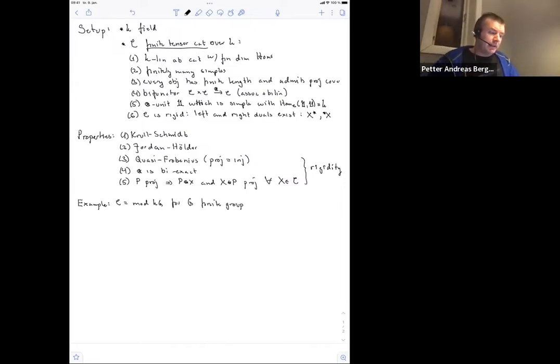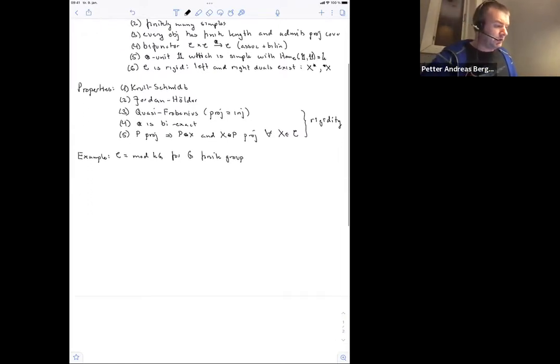Where the tensor product is just the usual tensor product over K, and the unit object is just the trivial module K, and then left and right duals, those are the same. Those are just the normal duals of modules.